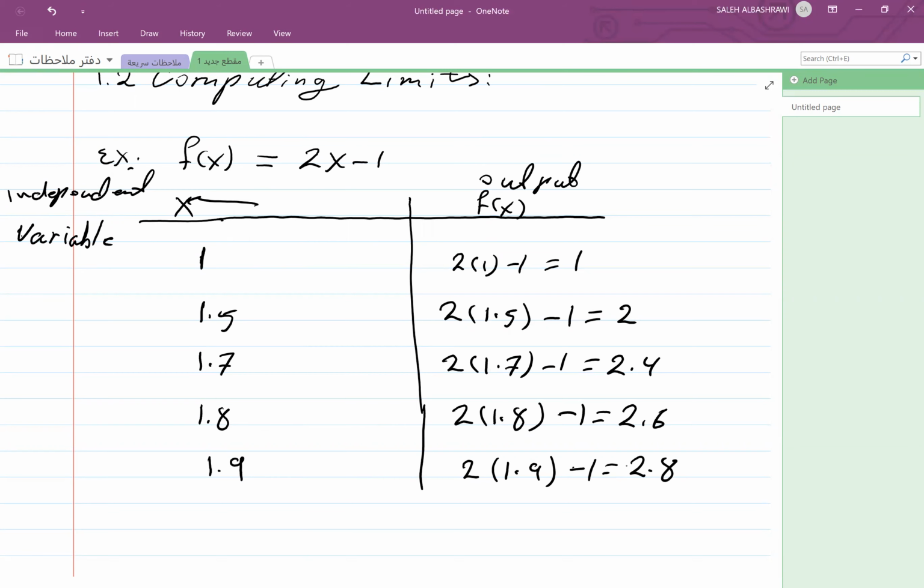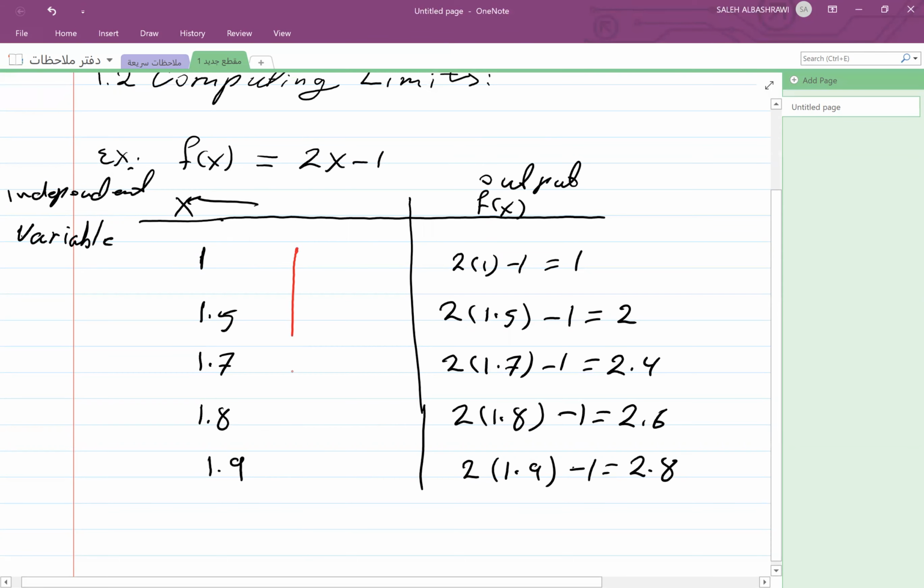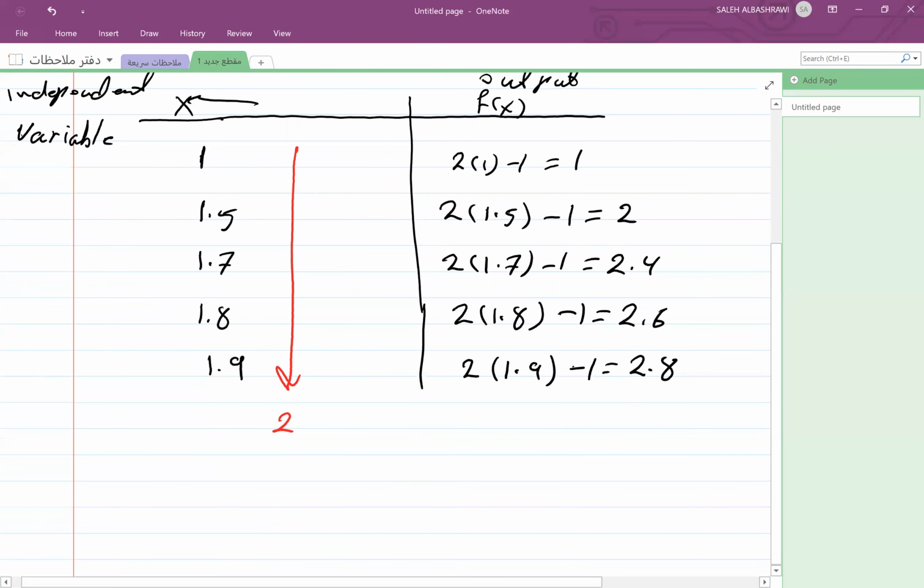As x approaches a number, when x is approaching the number 2, for example, I have 1, then 1.5, 1.7, 1.8, 1.9, we see that the function is approaching the number 3.